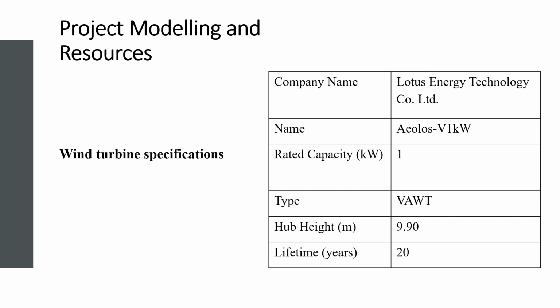This is the wind turbine specification that we will be using. We use a turbine from a reputed company called Lotus Engineering Technology Corporation Limited. The rated capacity is 1 kilowatt, the type is a vertical axis wind turbine, the height is 1.90 meters, and the lifetime is 20 years.